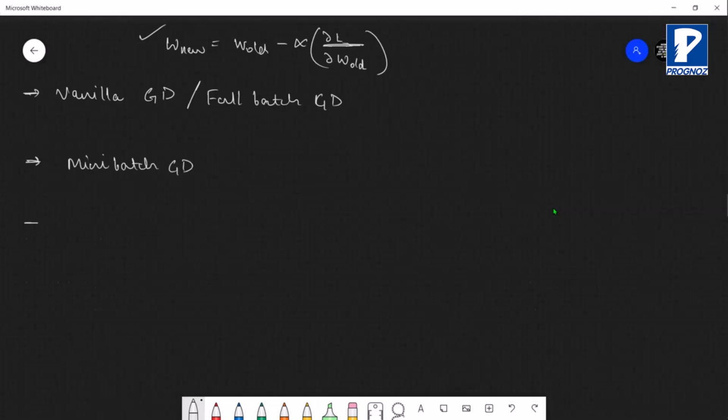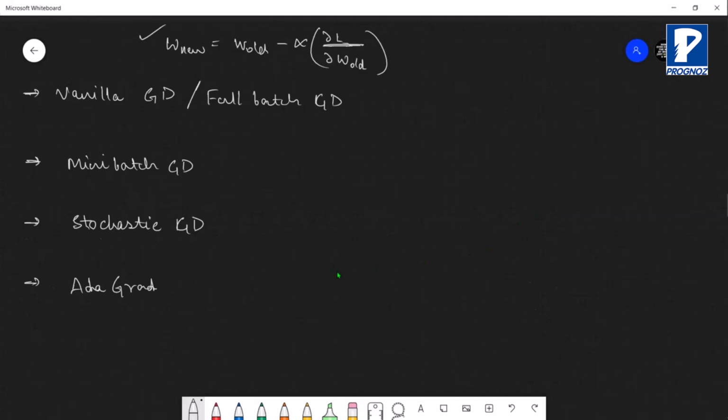Then we will talk about something known as stochastic gradient descent. And finally, we will also talk about something known as Adagrad. So let us talk about mini batch gradient descent.